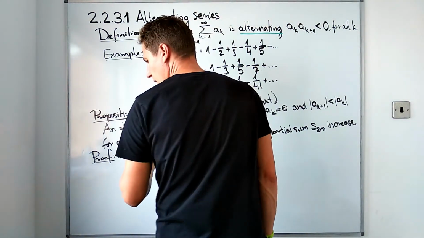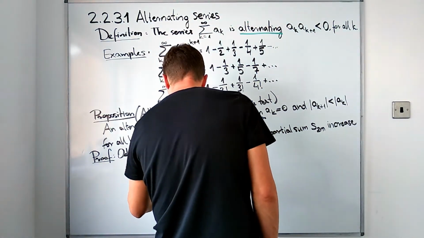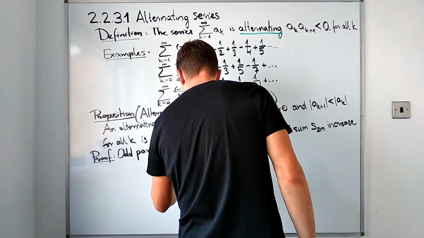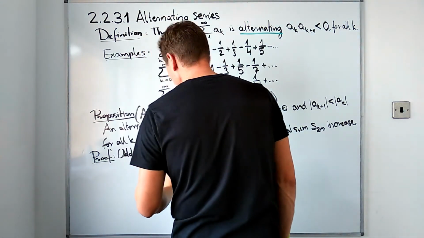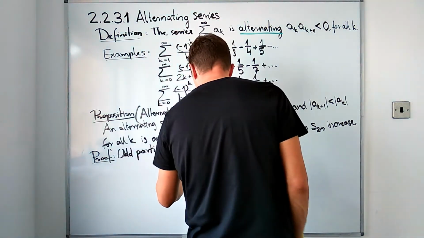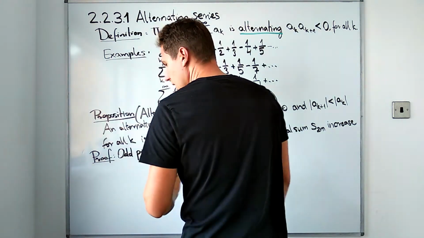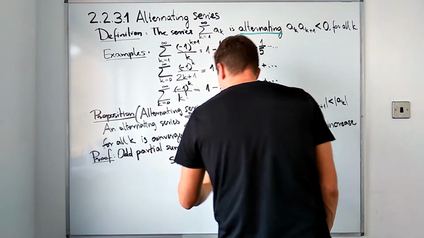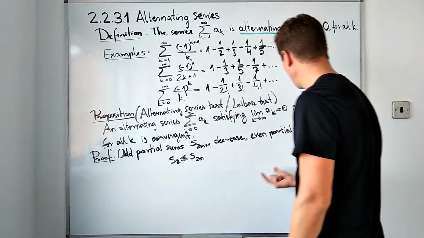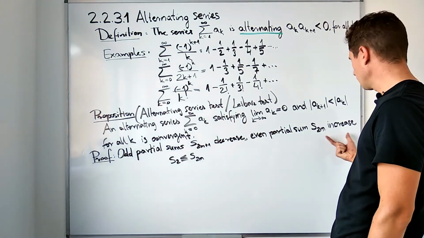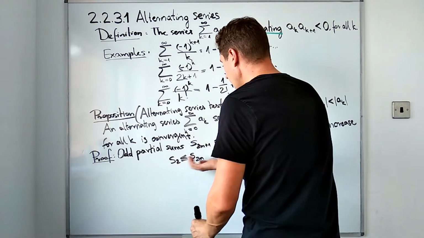But we will also have the following inequalities for such series. So S_2, the sum of the first two terms, will be of course less than or equal to the 2mth partial sum. This also means that it's increasing.